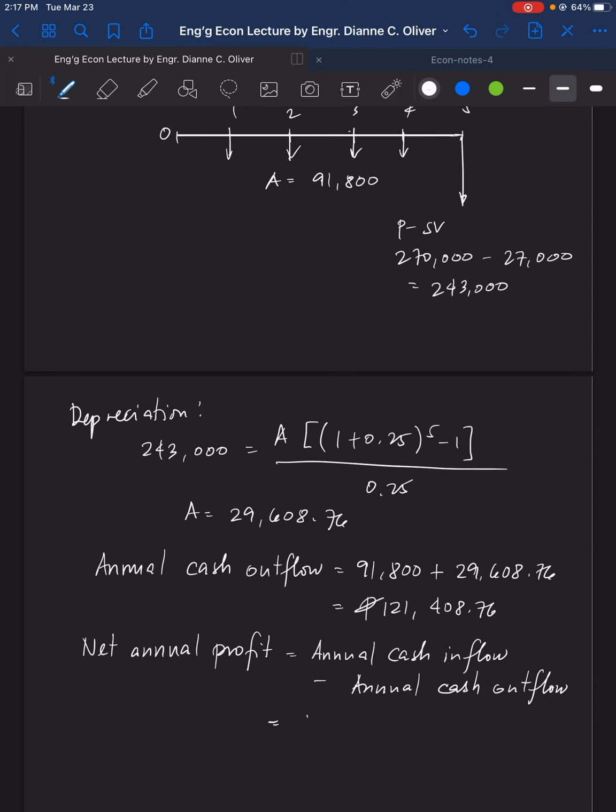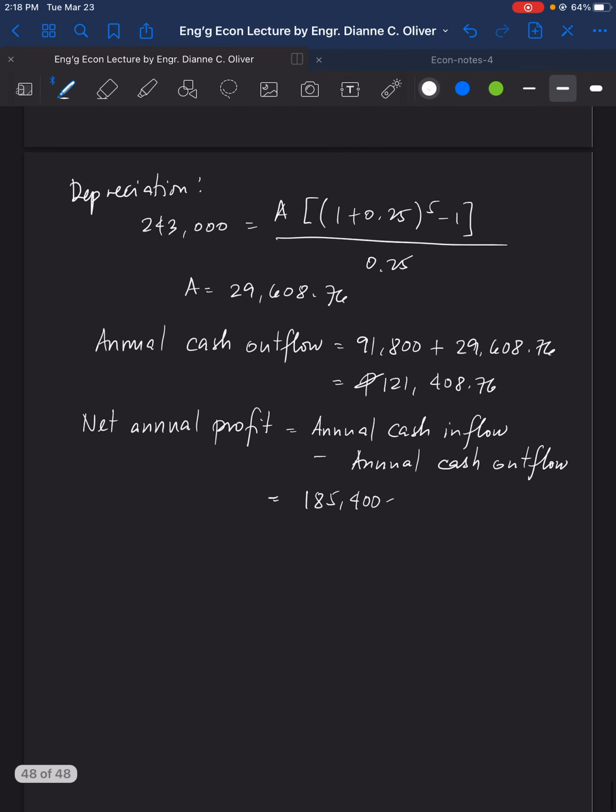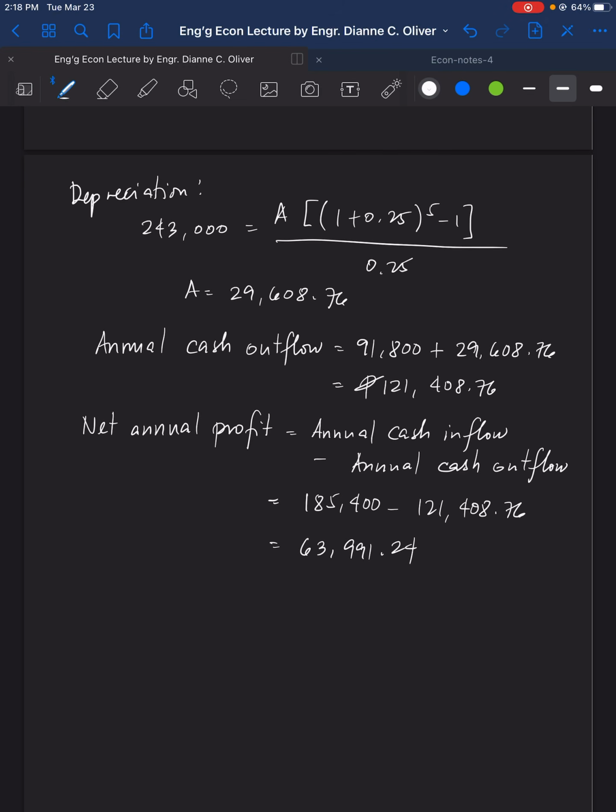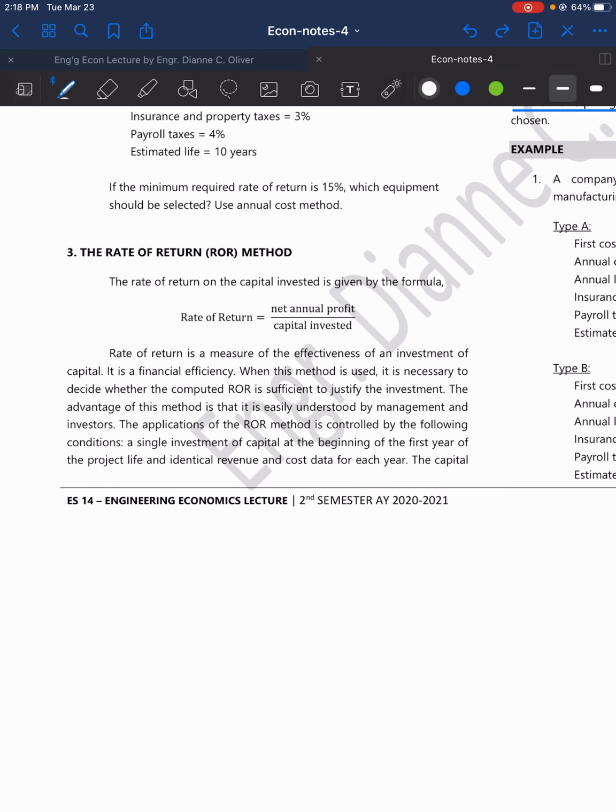That is equal to 185,400 minus 121,408.76. So the answer here is 63,991.24 pesos. So ROR now from the formula.